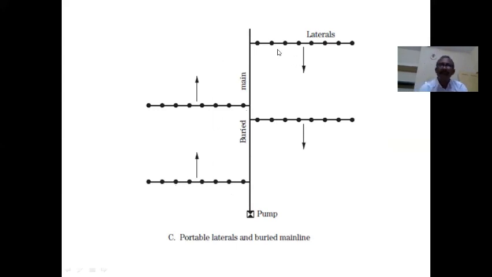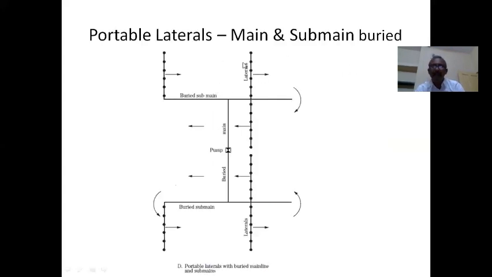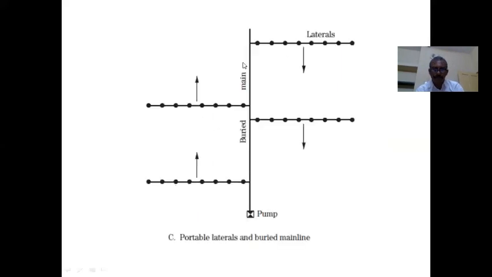If you recall how the sprinklers in Kumalur College were operating, this is the situation. All mains have been buried, and laterals are operated by shifting one after the other. So this is much similar to our Kumalur College operation.